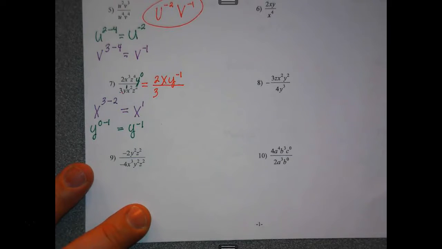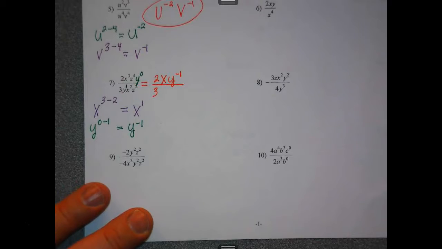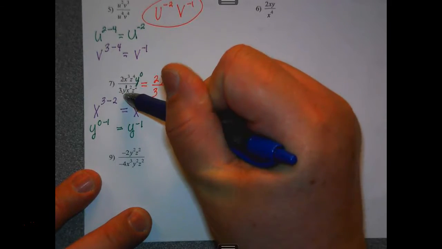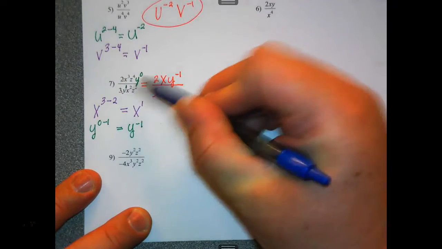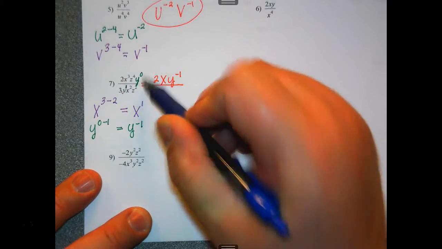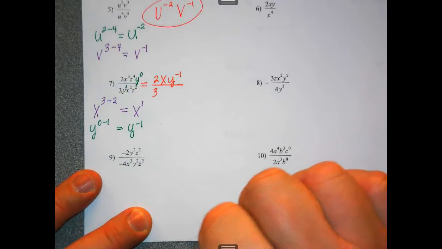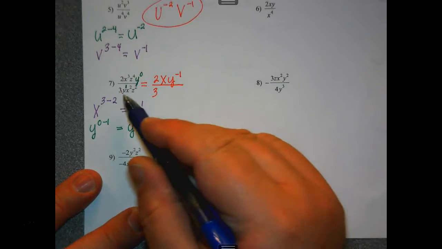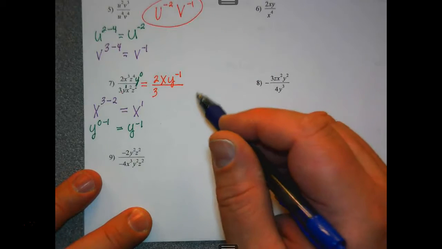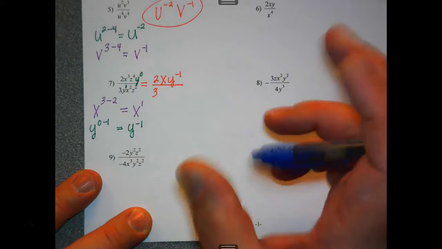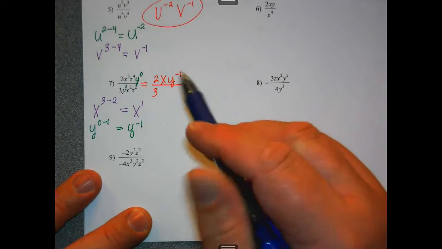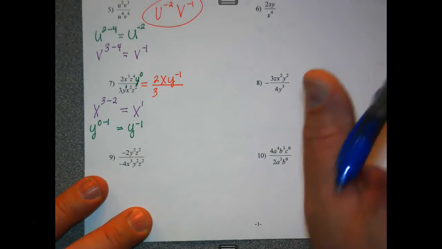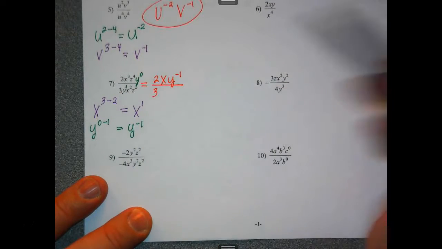All right, I will, on the next problem, because if I have a y in the denominator, that means I have to have a y in the numerator. But, well, I kind of got ahead of myself, and tomorrow you'll see what I meant by if it's in the denominator, it's y to the negative 1.